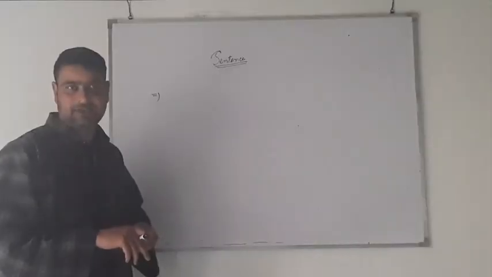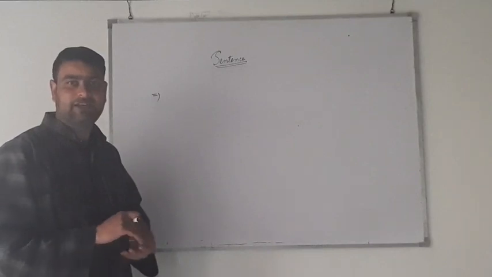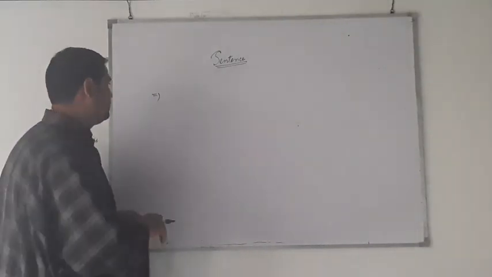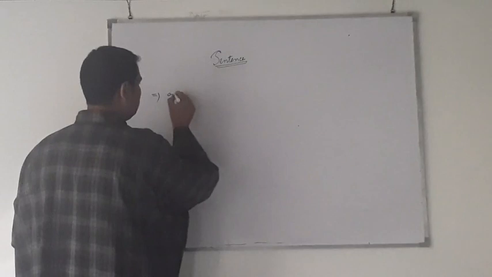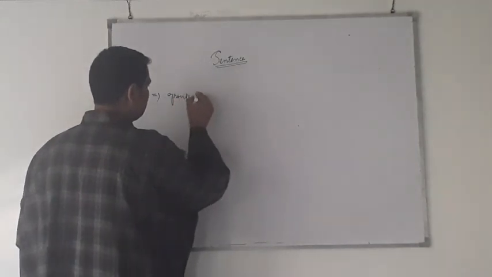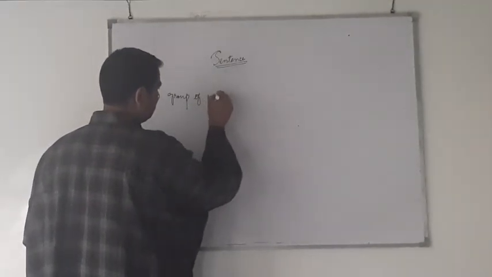A sentence is also a group of words that gives complete sense. When we compare sentence with phrase and clause, I told you a phrase is a group of words that gives meaning but not complete, and a clause may or may not give complete meaning.